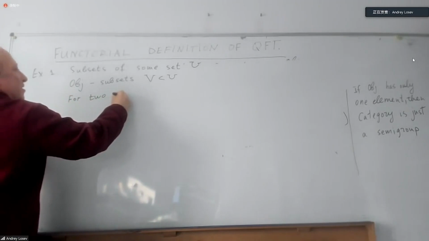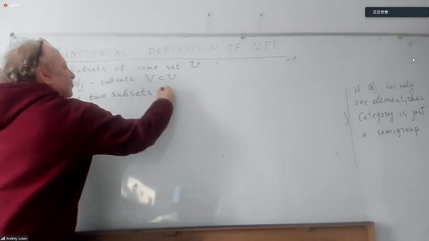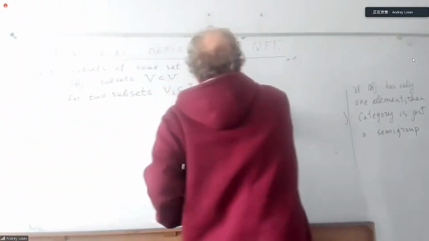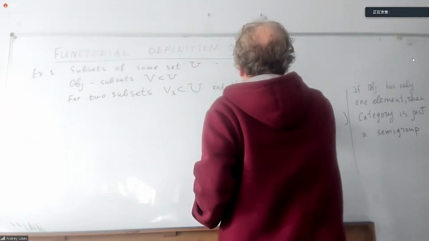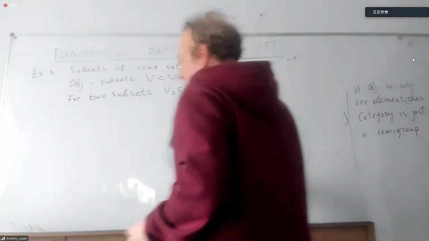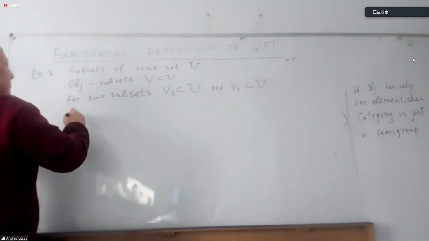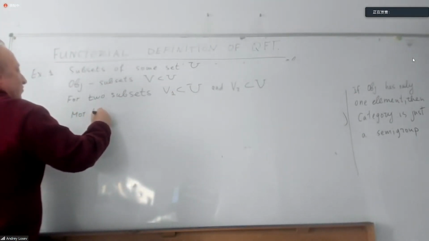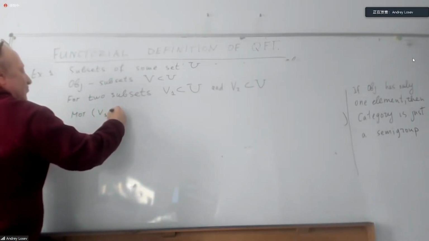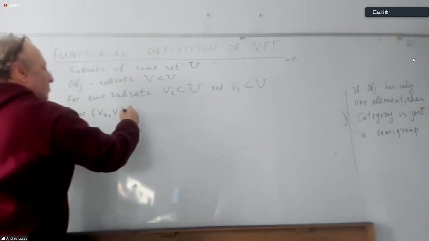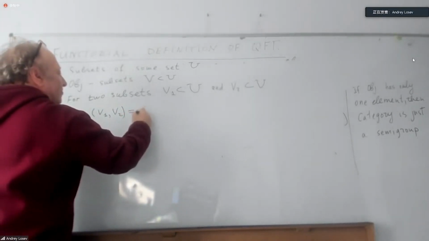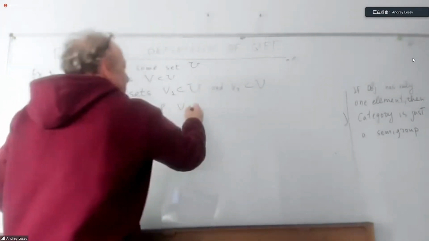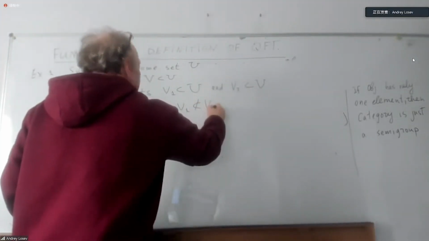For two subsets V1 and V2, morphisms from V1 to V2 form the empty set if V1 is not inside V2.